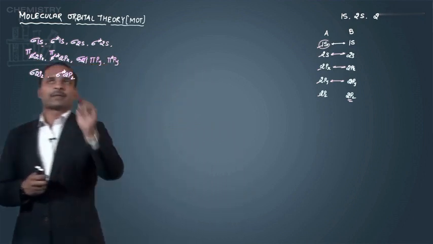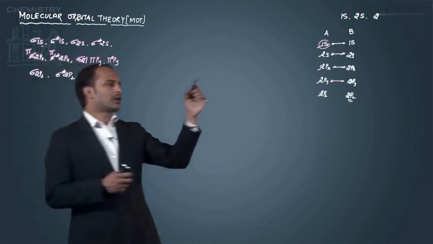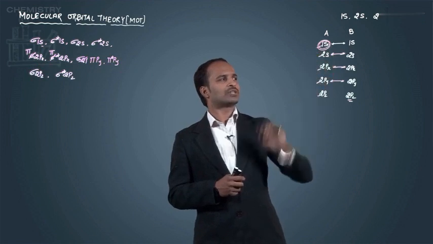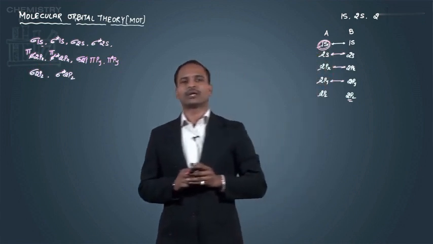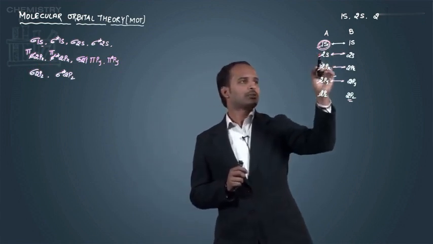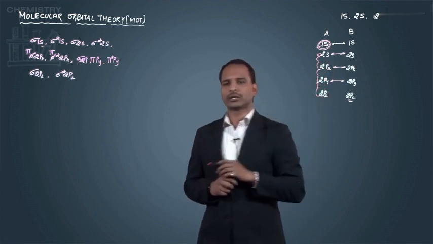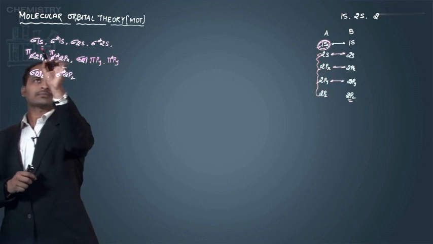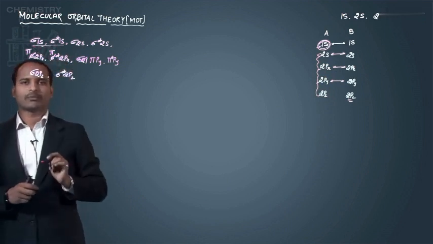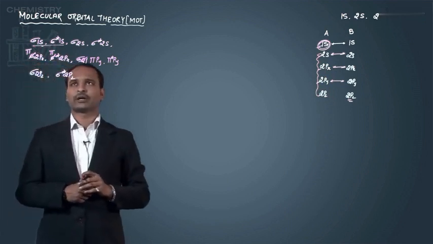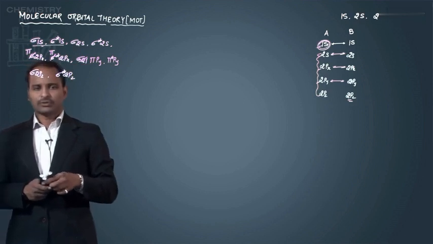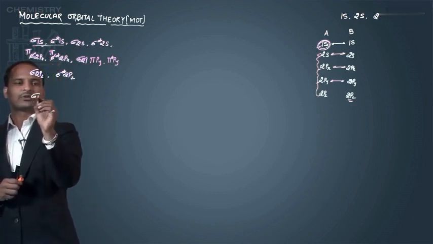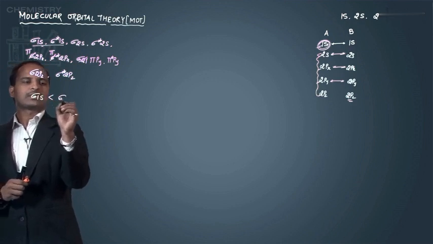Out of all molecular orbitals, the one from 1s has the lowest energy. From 1s we have 2 molecular orbitals, a bonding and anti-bonding. Of these two, the bonding will have the lower energy, that is sigma 1s will have the lowest energy, and then sigma star 1s.